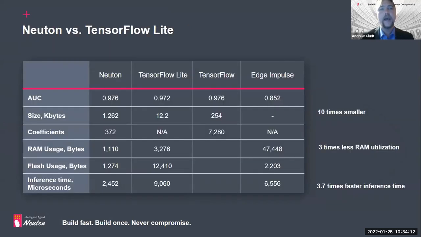And then we did some benchmarking with the Newton platform as well as TensorFlow Lite and Edge Impulse. So you can see at the top the different results for area under the curve, the size of the model, the number of coefficients, RAM usage, etc. So here we can see very good results, very small and compact.